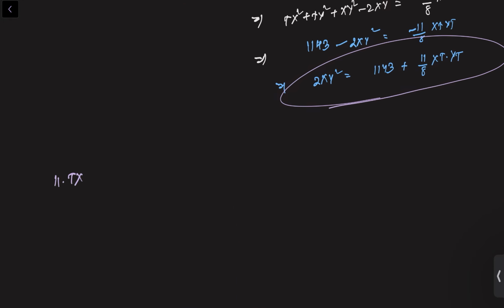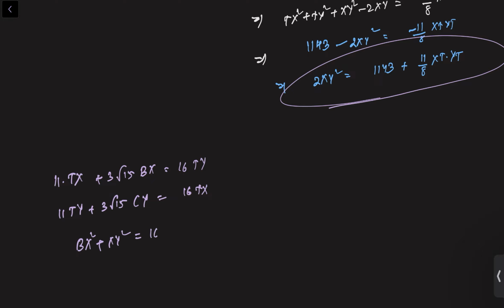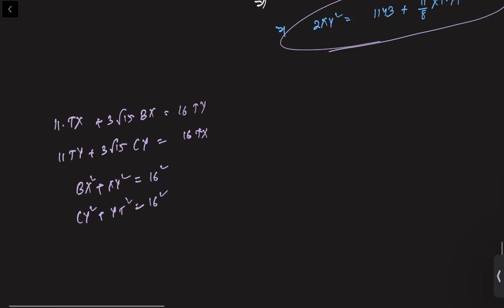So 11 times tx plus 3 root 15 times bx is 16 times ty, and similarly 11 times ty plus 3 root 15 times cy is 16 times tx. And we have bx² + xy² is 16², and cy² + yt² is 16². And we also have 2 times xy² equals 1143 plus 11 by 8 xt times yt.